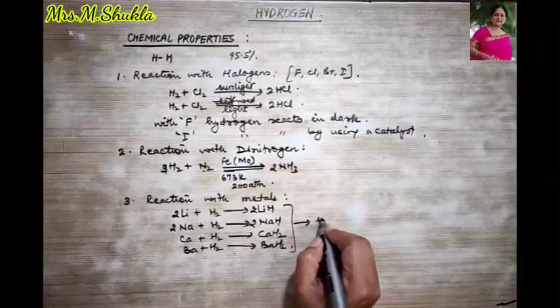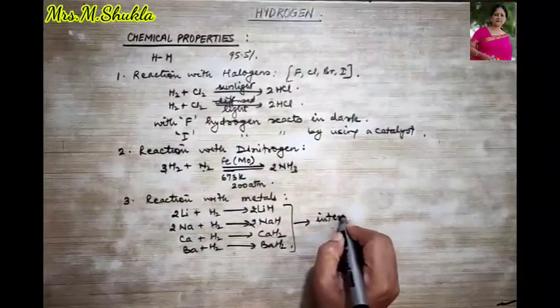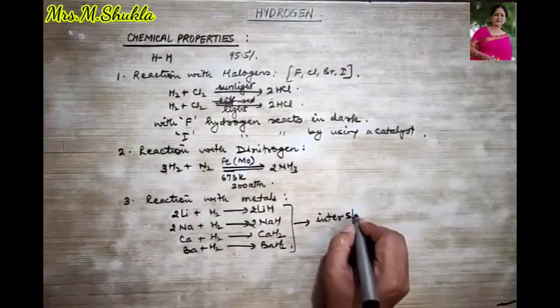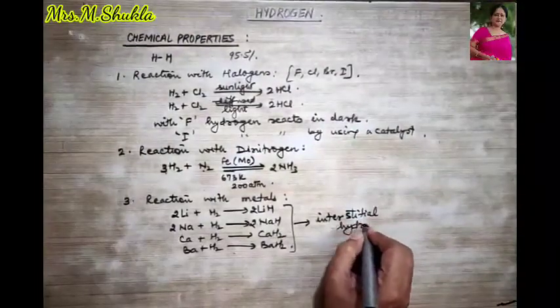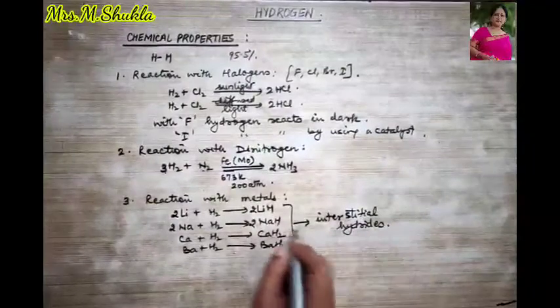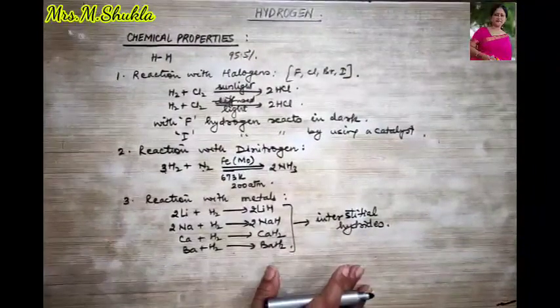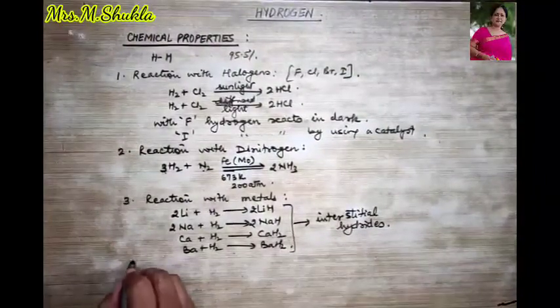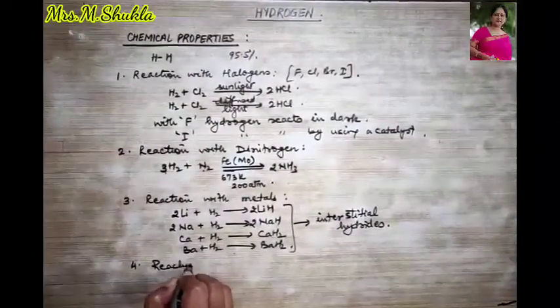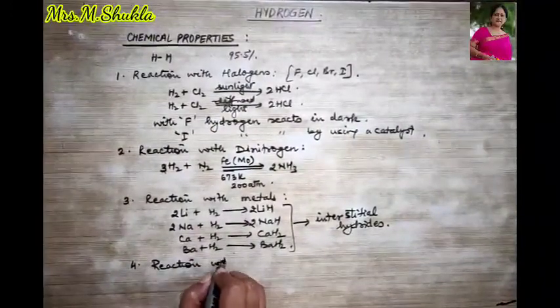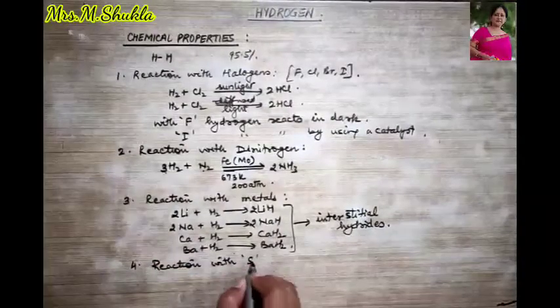They are called interstitial hydrides. Then the fourth reaction, the reaction with sulfur.